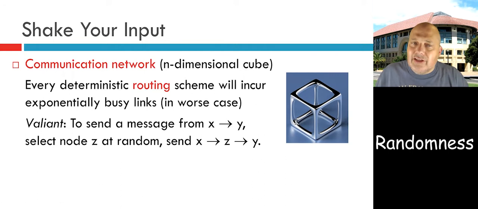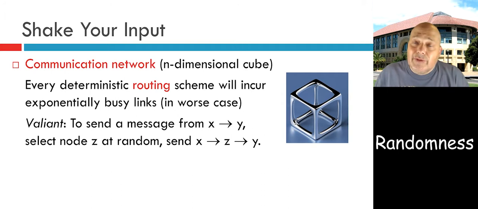And a brilliant idea by Valiant was to say, assume that I want to send a message and I'm at X and I want to send a message to node Y. Instead, what I'm going to do is send my message to a random location, Z, and from there, the message will go to Y. And the way I'm then sending the message is through the simplest path possible, the path that goes from left to right and corrects every bit that needs to be corrected.